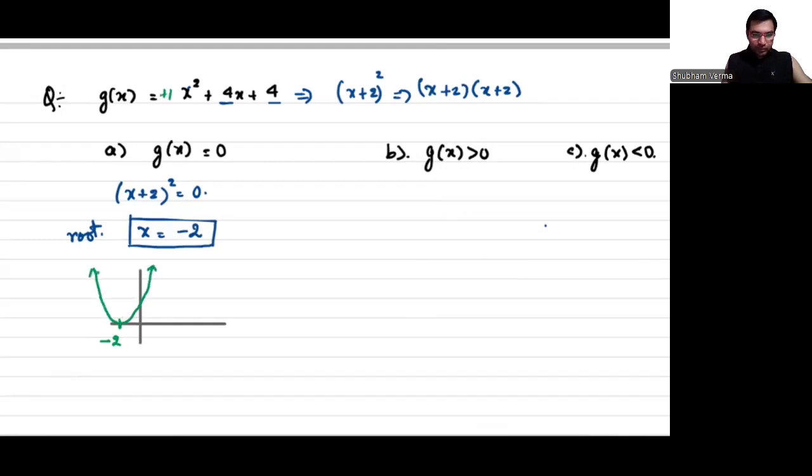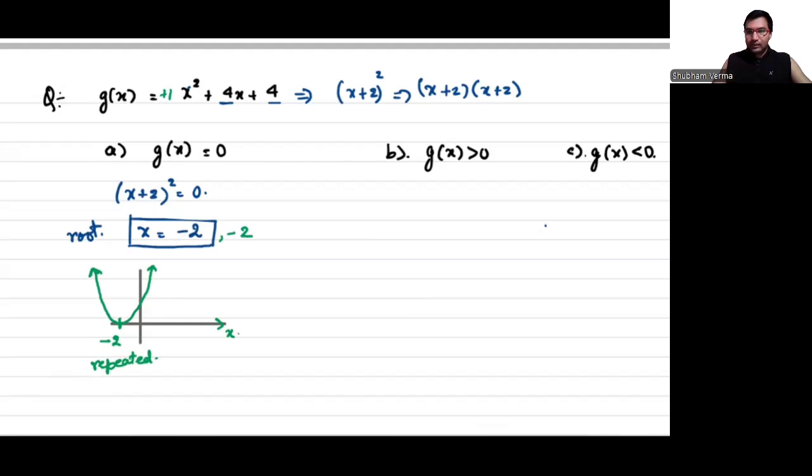Now see here, we are getting only one root, but this is a quadratic, so we should get two roots, no? So here we have repeated roots, -2 and -2. Both are clubbed together because they are one and the same thing. It touches the x-axis only once, right? So -2 is called the repeated root. Yes or no?